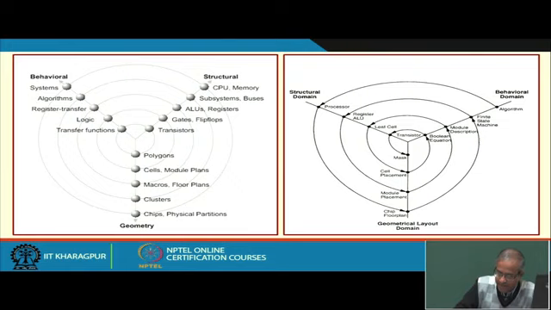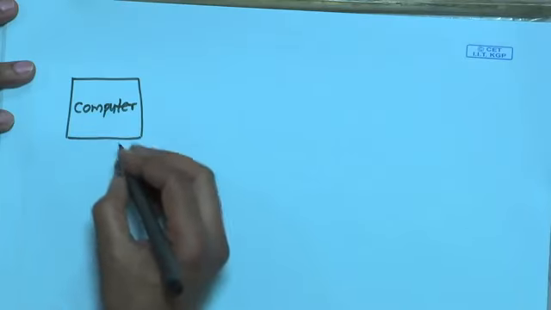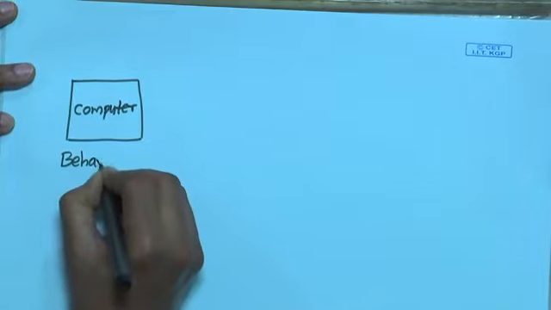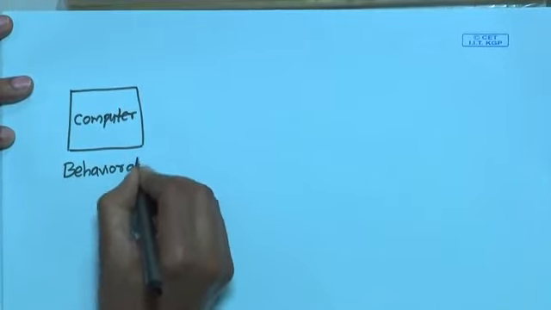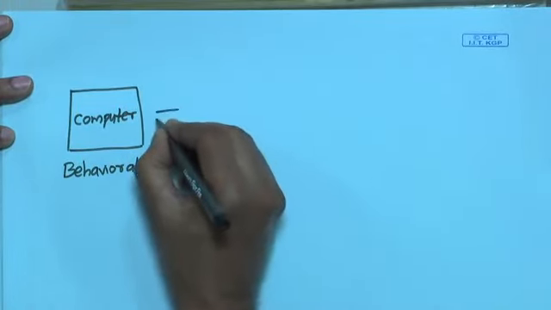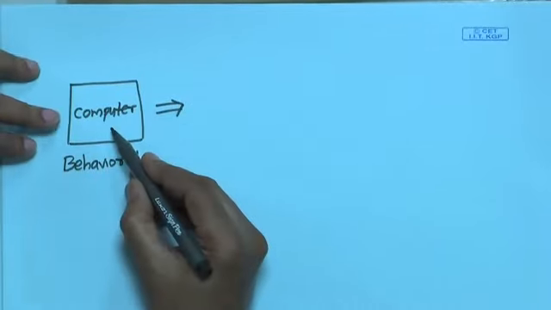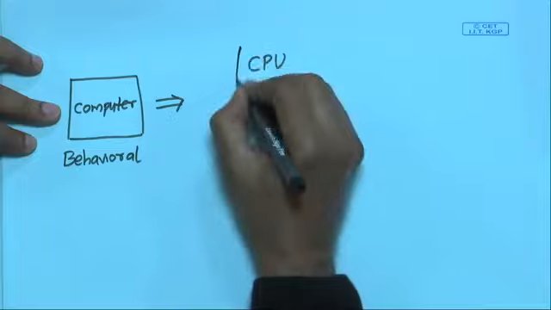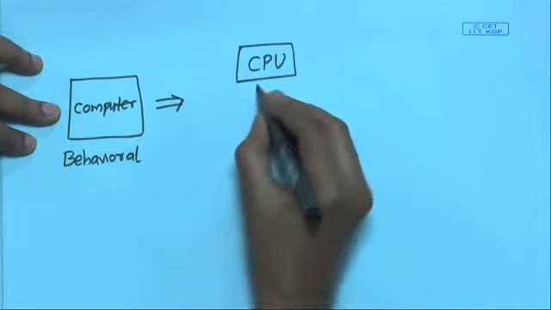Say I have a computer that I want to design. This computer can represent my behavioral view. So, I specify how the computer should behave. Now, from another angle, this computer can be visualized as comprising a central processing unit, the CPU.